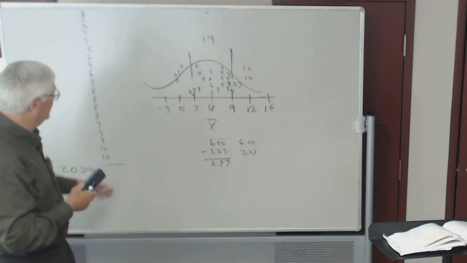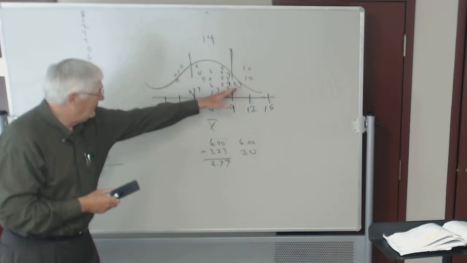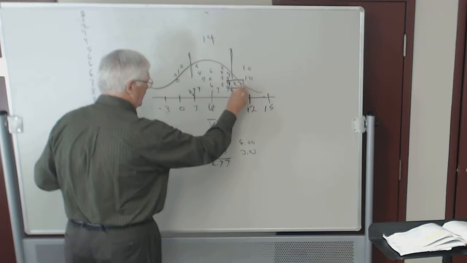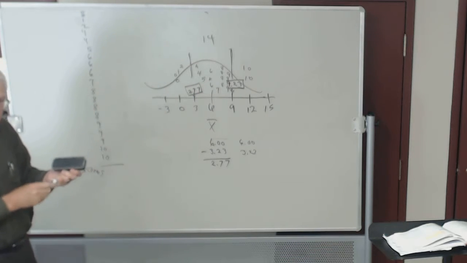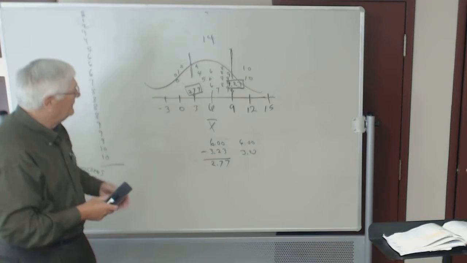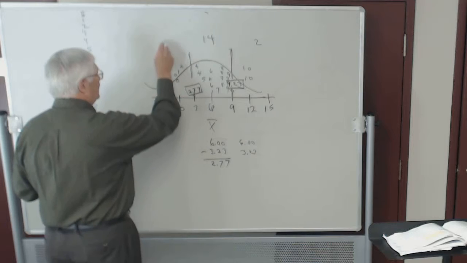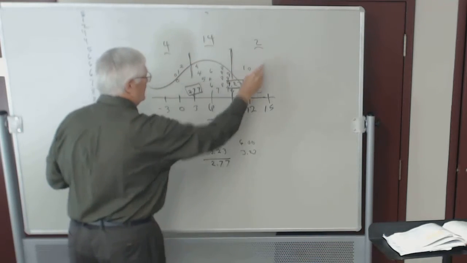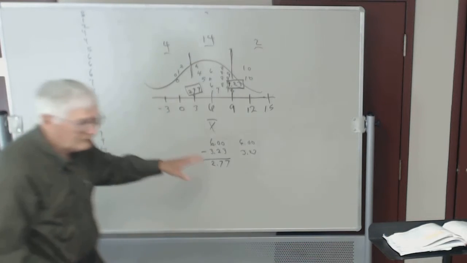See, between 9.23 and 2.77, there's 14 of the scores. 2 scores are up here, and 1, 2, 3, 4 scores are down here, and that makes a total of 20 scores. You follow what I did? Mm-hmm. Make this little curve.